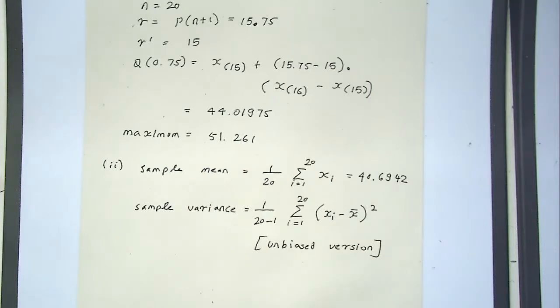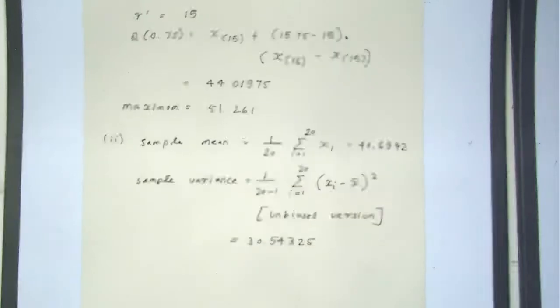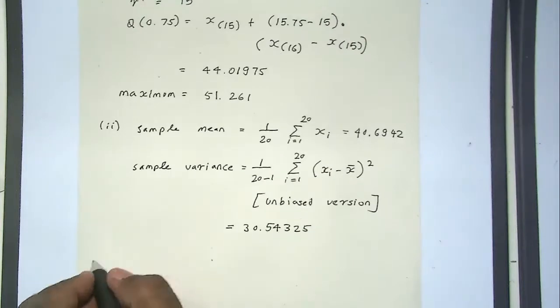Hello guys, are you okay? If you work this out, you get 30.54. That's the sample variance. That's part 2.